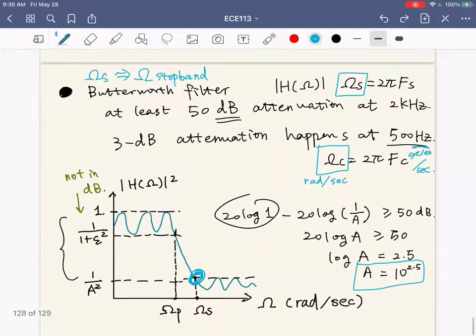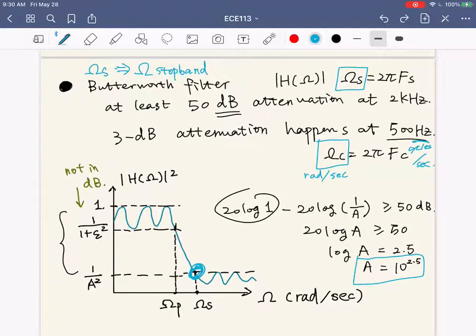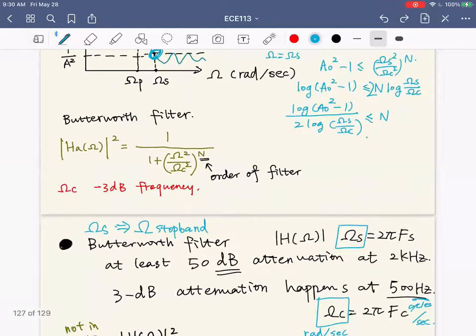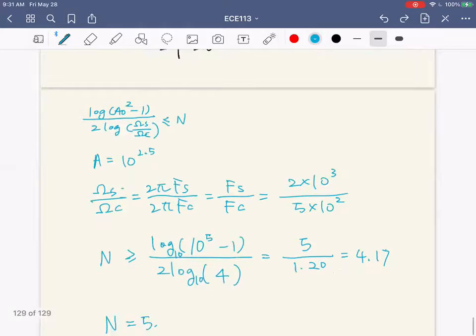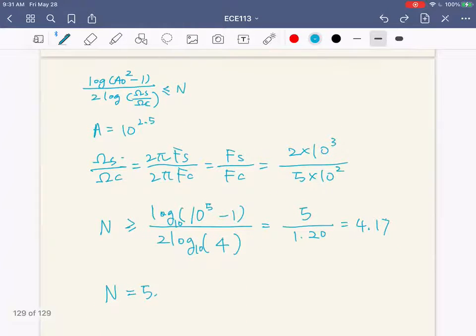For different filters, you have different expressions for your n requirement. Keep in mind the direction of the inequality and round it in the correct direction. For the Butterworth filter, you always want your n to be bigger, so we round it up. So you see, IIR filter design is not that difficult as you think, and I hope you can do it smoothly in your homework and probably in the final exam.